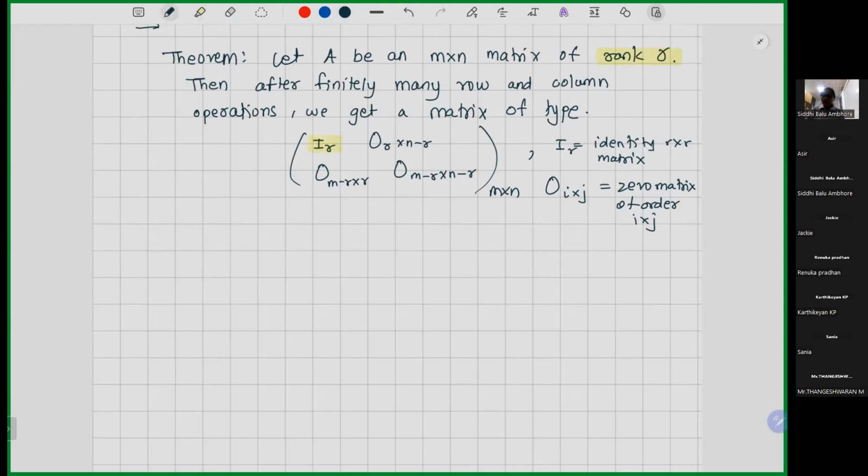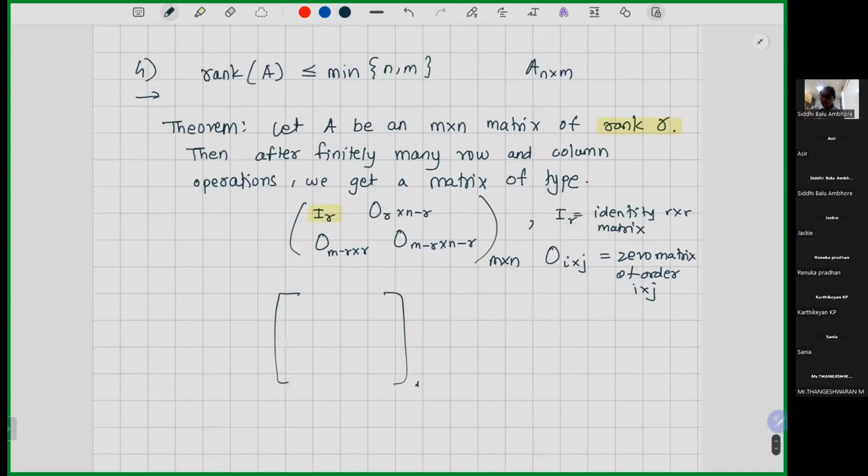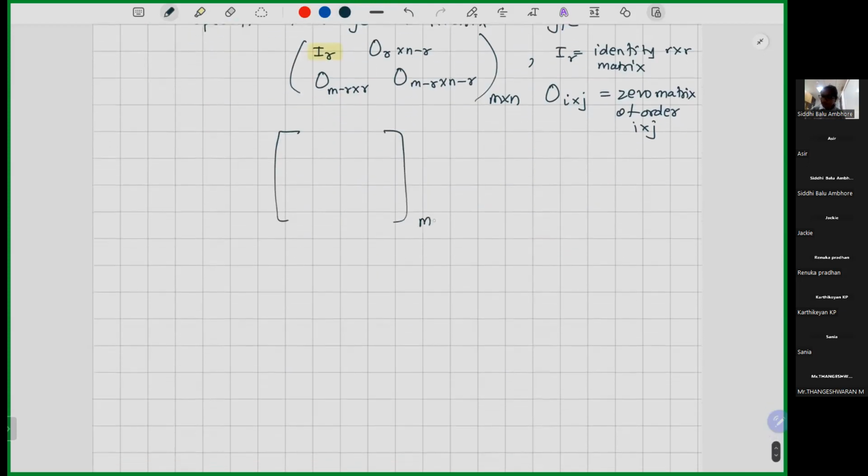If it has some rank R, then there is a square matrix, the identity, which is accommodated in this N cross M matrix.